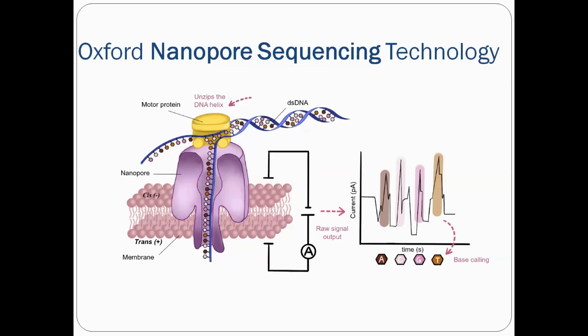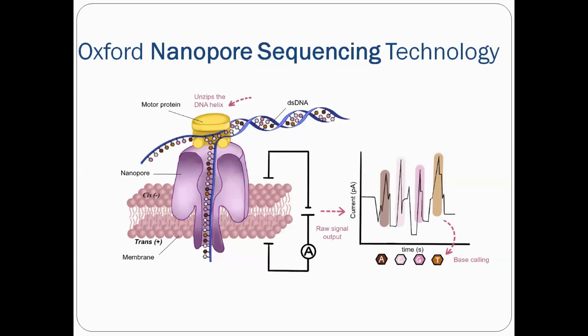The sequence of the template DNA is determined by the change in electric current, which takes place when this single stranded template DNA flows through the nanopore.